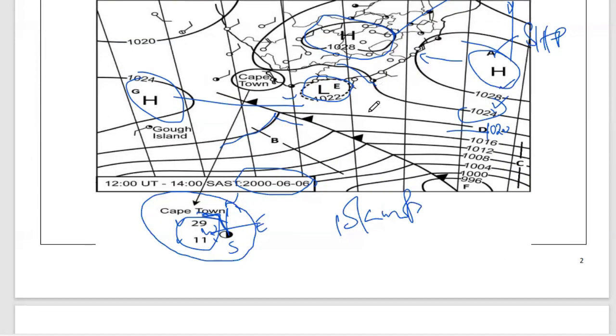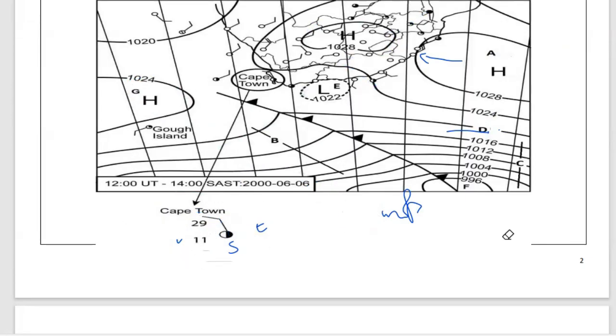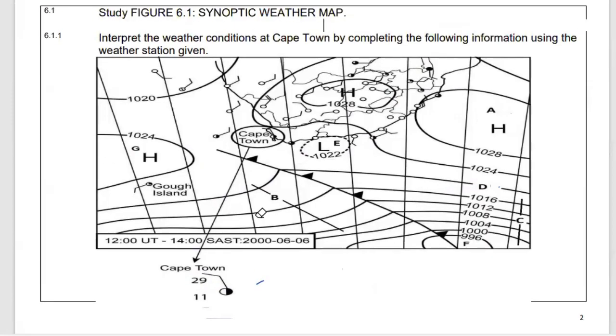And then, does the pressure increase or decrease to the center of F? Let's look at where F is. Right, let me erase some of the markings on the map to make it a little bit clearer. Let's check where our F is and determine whether the pressure increases or decreases towards the center of F. If we check on our map, our F is located here.